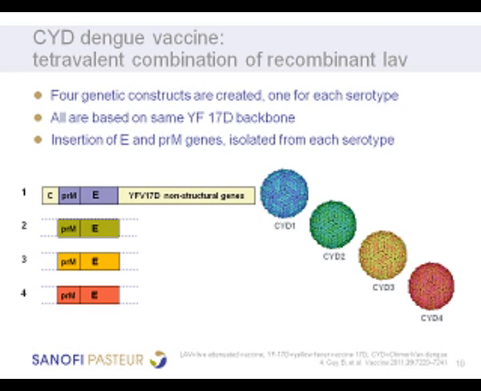Now, the parent viruses for these constructs were actually isolated some 30 years ago. Serotypes 1 and 2 were isolated in 1980, serotype 3 in 1988, and serotype 4 in 1978.